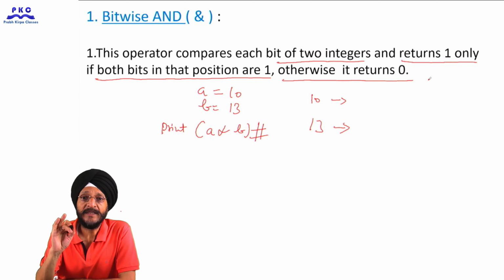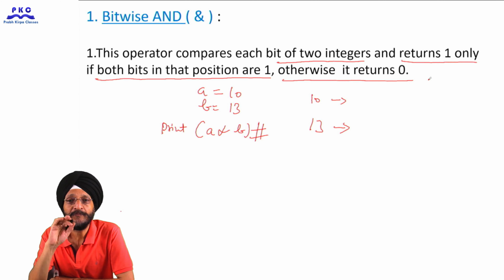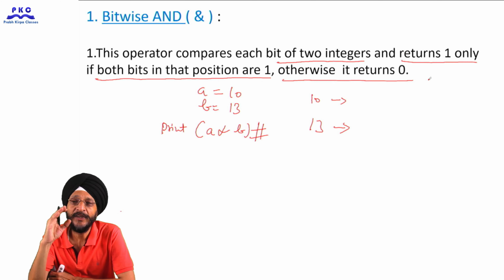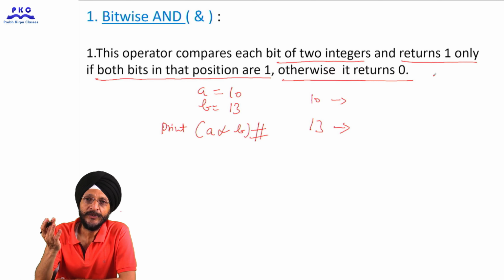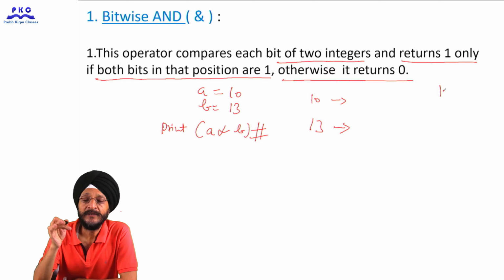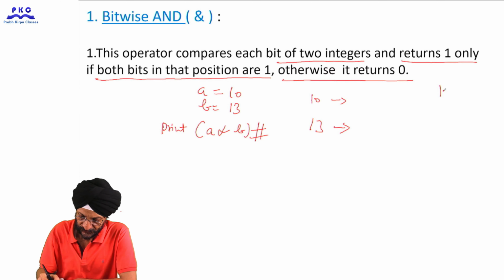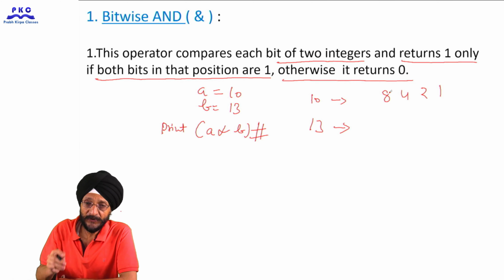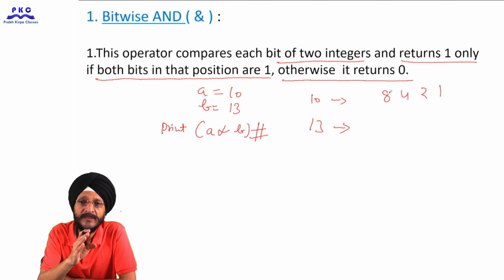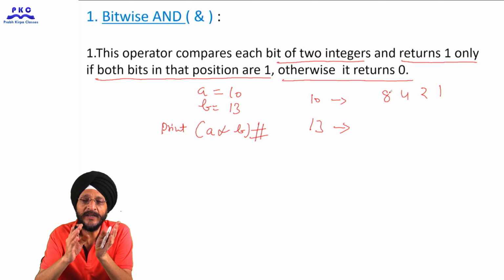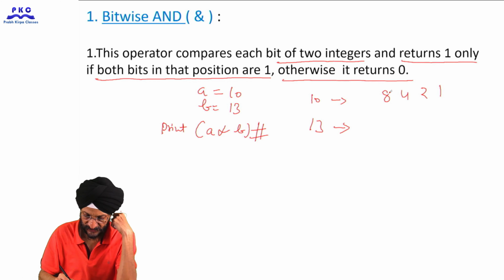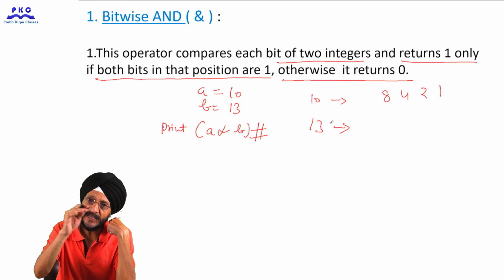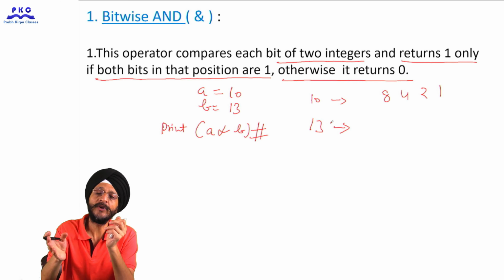As already told, to convert a decimal number into binary we will use a formula: starting from the right, writing 1, each time multiplying by 2. 1 multiplied by 2 is 2, 2 multiplied by 2 is 4, 4 multiplied by 2 is 8. We will go on writing these numbers from right to left until we get a value equal to or less than 10 or 13. We need not write more than that.